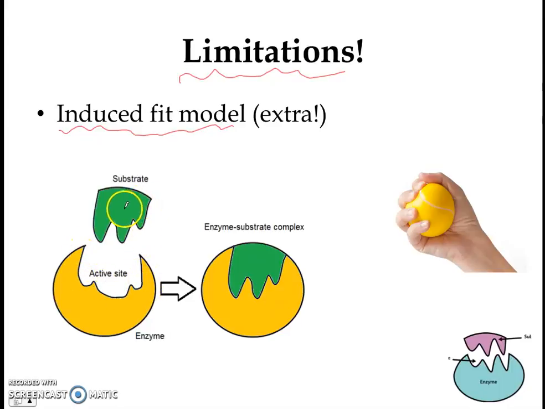And what people say is that when the substrate enters, the active site actually changes its shape slightly to bind more tightly to the substrate. So a bit like this hand that grasps around the ball. So that's the idea that some people have about enzymes, which is slightly different from the lock and key model. Alright, so just to get yourself familiar that not all models are perfect.